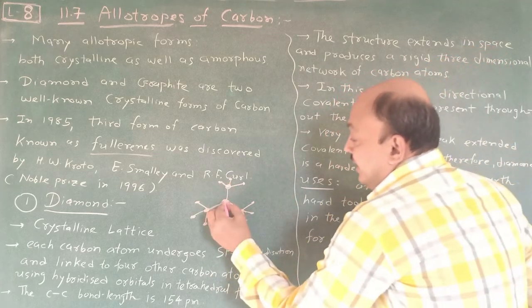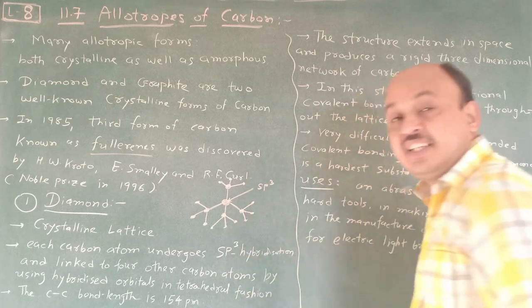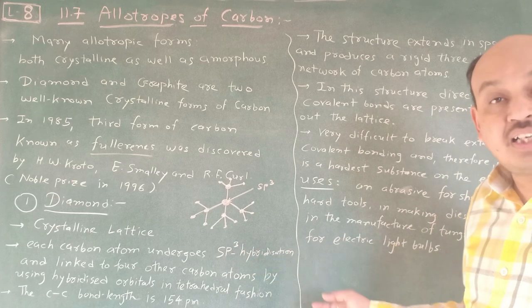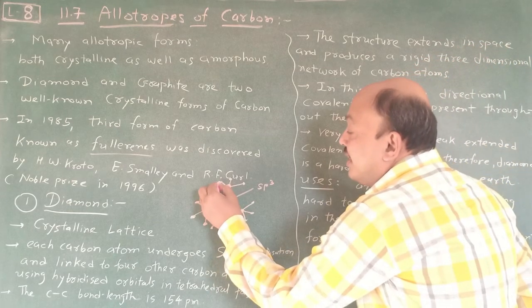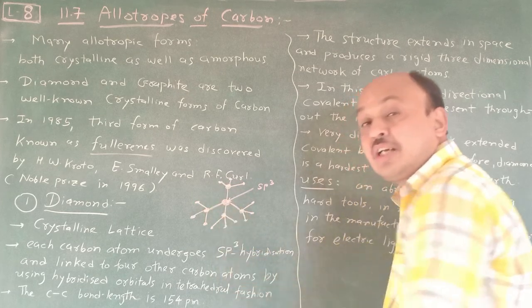Which hybridization does this carbon have? sp3 hybridization. That means the covalence is completely shared with other carbon atoms, so electrons are shared between carbon and carbon. Here also carbon is there, and here also carbon is there.